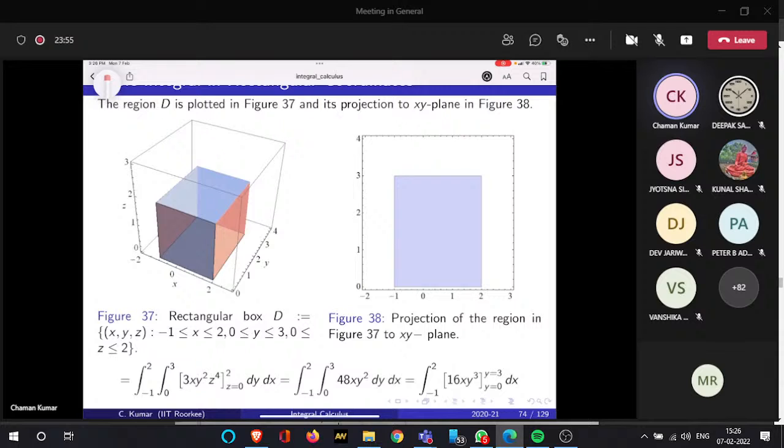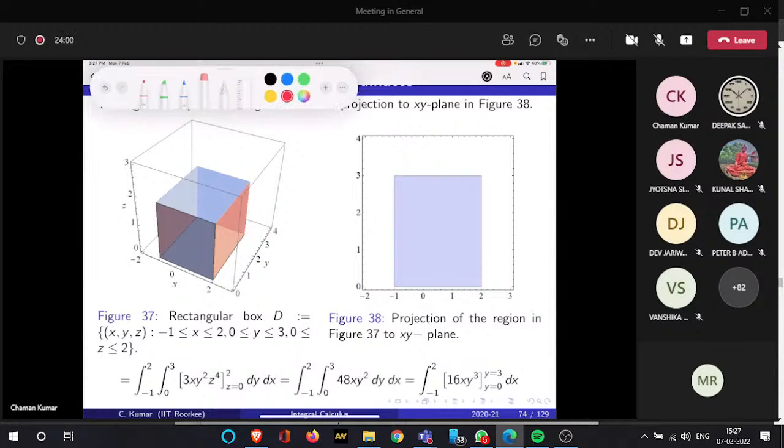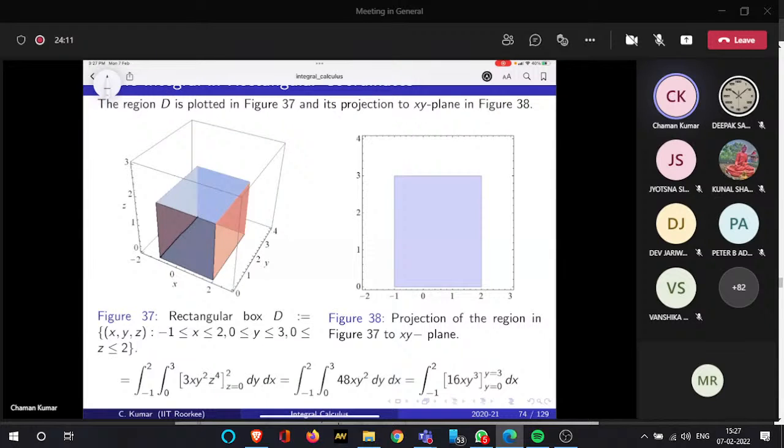Now look at the projection of this region in the xy plane. The projection of this region in the xy plane is this rectangle. Okay, the bottom surface when z is equal to 0 is plotted here. This is the projection.